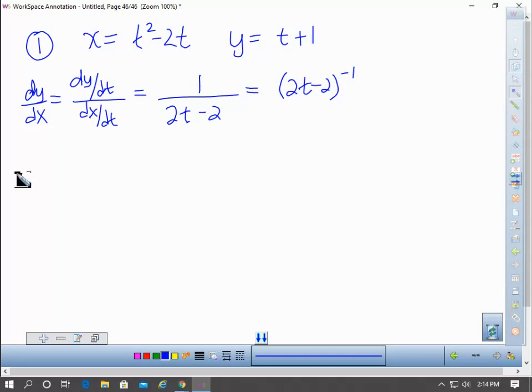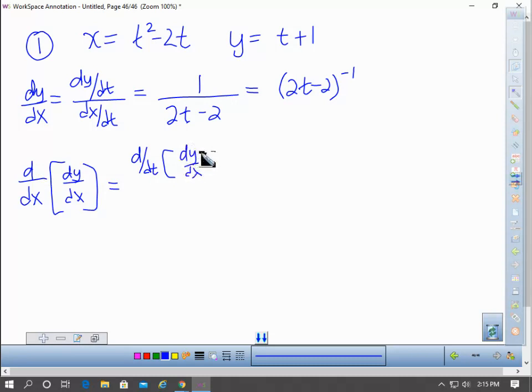All right? So now what's the second derivative? Now we want to do the derivative of this derivative, of dy dx, which means I want d dt of dy dx, because remember I'm multiplying by 1 over dt, 1 over dt, divided by dx dt.